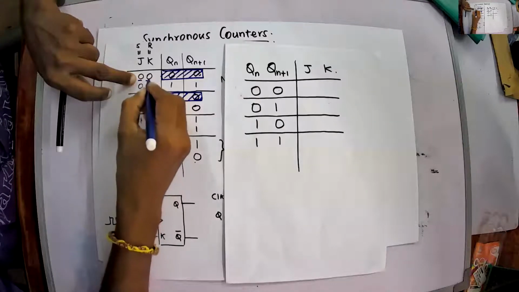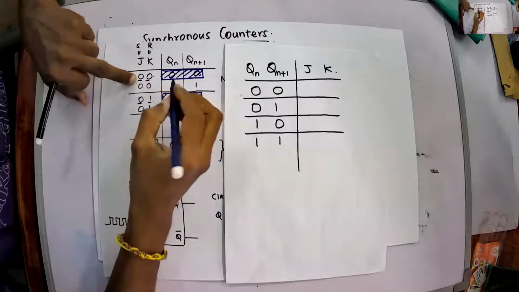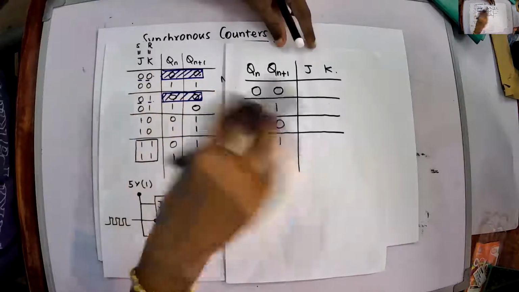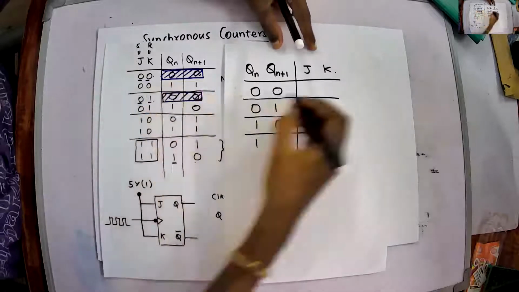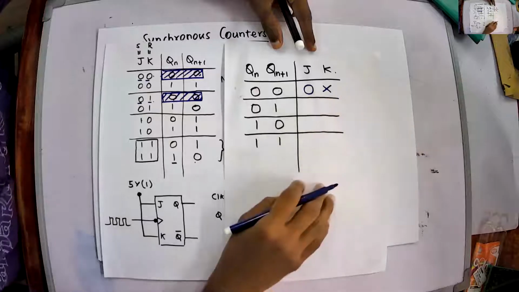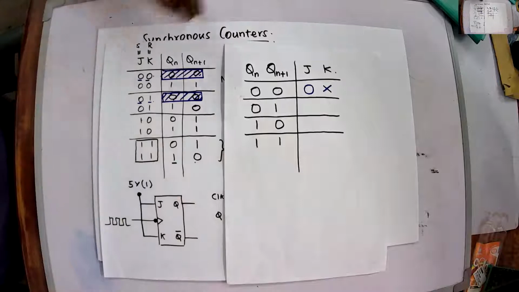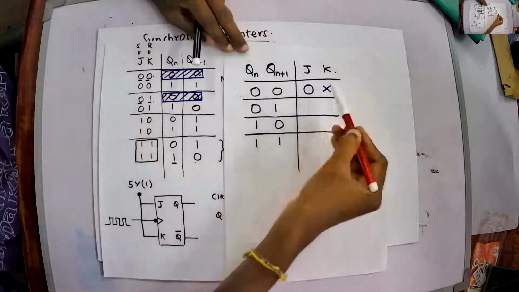At the same time, K could be either 0 or 1, so I can use a don't care. Here I could make it 0 and X.